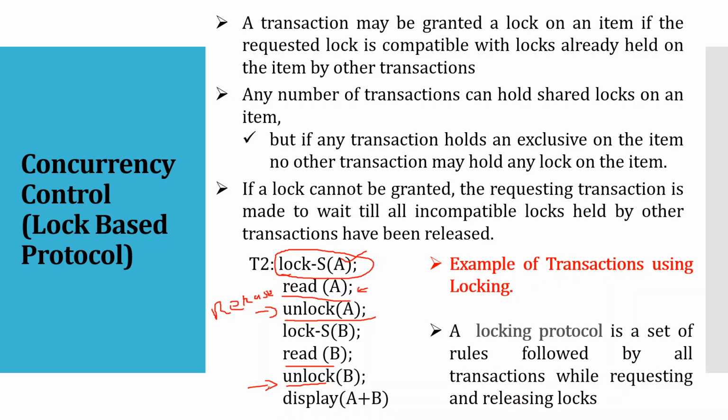A locking protocol is a set of rules followed by all transactions while requesting and releasing the locks. So they have to follow these rules: you acquire the lock, you perform your task, and once your task is completed, you release your locks. This is what the protocol is and they have to follow it.